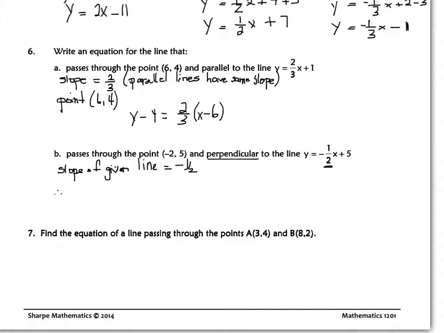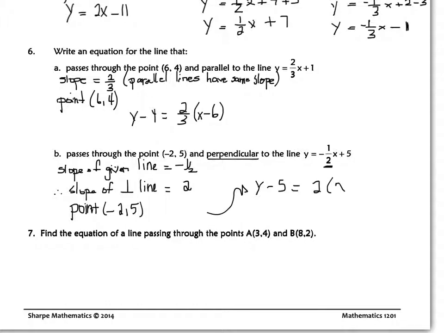So therefore, the slope of a perpendicular line would equal the opposite reciprocal of that, which would be positive 2 over 1, or just positive 2. And the point we're given is negative 2, 5. So if we use our slope-point form, that would be y minus the y coordinate of the point equals slope, which is 2, outside of x minus the x coordinate. X minus a negative 2 is going to be x plus 2. And there's your slope-point form of the equation.